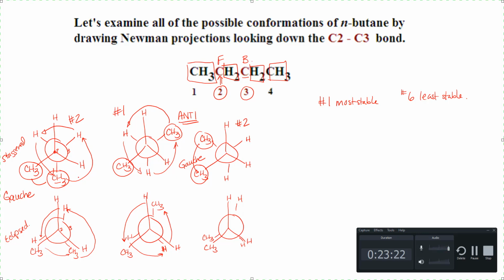These two conformations have the same energy. They may not structurally be exactly the same, but they have the same energy. So the anti conformation of butane is more stable than the gauche conformation of butane. Okay, so that would be numbers 1 and 2. If you wanted to say number 1, 2, and 3, and then say 2 and 3 are tied, I'm okay with that. Okay, now let's go to the eclipsed conformations down here.